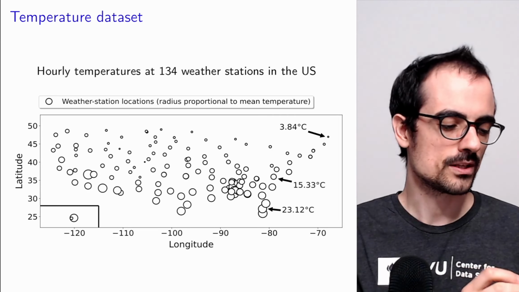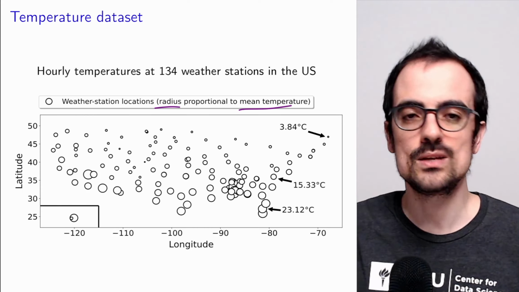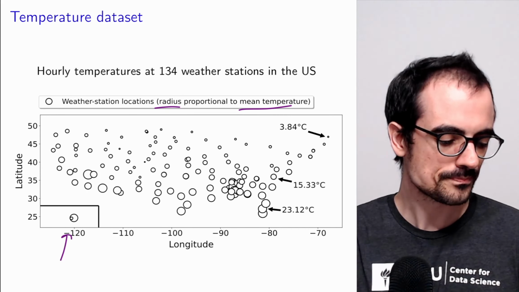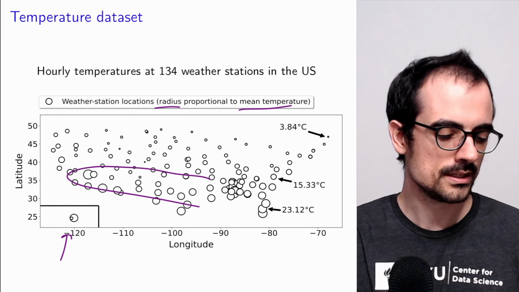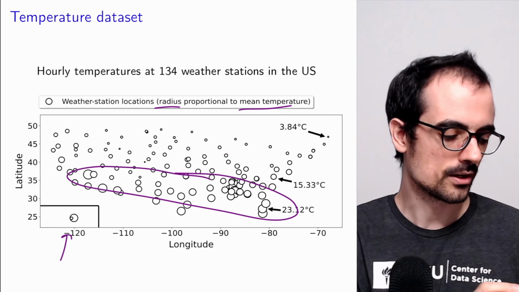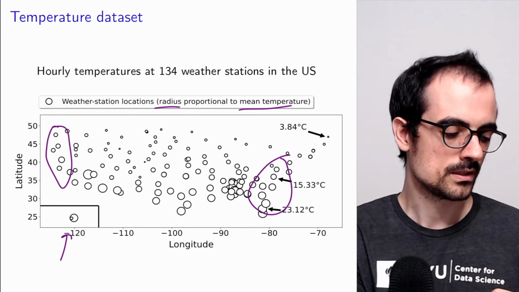Here I've made the radius of these markers proportional to the mean temperature, and we immediately see where it's warm and where it's cold. So this is the United States, this is Hawaii. We see that in the south it's warm, and in the north it's very cold. And near the coasts it's not as cold, especially the west coast.